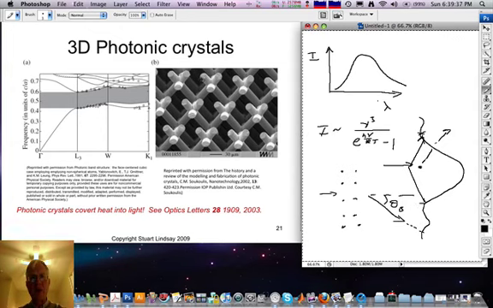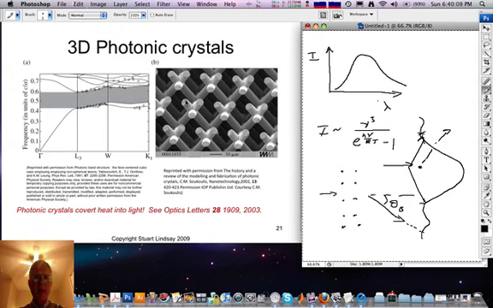This funny-looking structure here, looking as though it consists of stacked rods, in fact has a structure factor chosen so that the allowed Bragg reflections corresponding to this spacing here between the so-called atoms of this crystal, of course they're much bigger than atoms, exactly is cancelled out by the structure factor of the individual units in the periodic crystal. The result is that in this optical band gap, radiation cannot propagate.